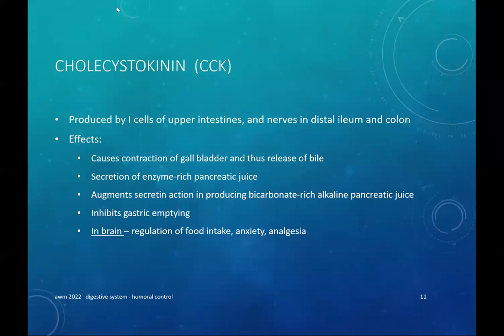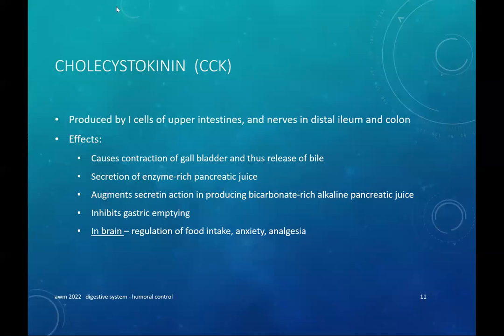So some secretions will be alkaline and they produce the bicarbonate, and the bicarbonate is the one that is going to neutralize the acid, because the acidic chyme, when it leaves the stomach, it is highly acidic. So CCK increases the secretion of enzyme-rich pancreatic juice.